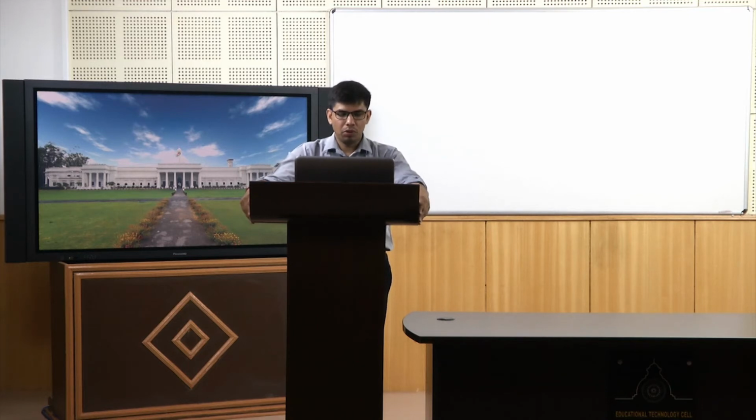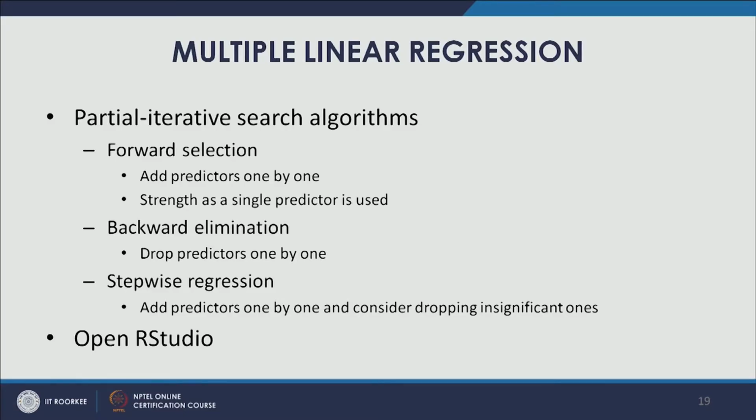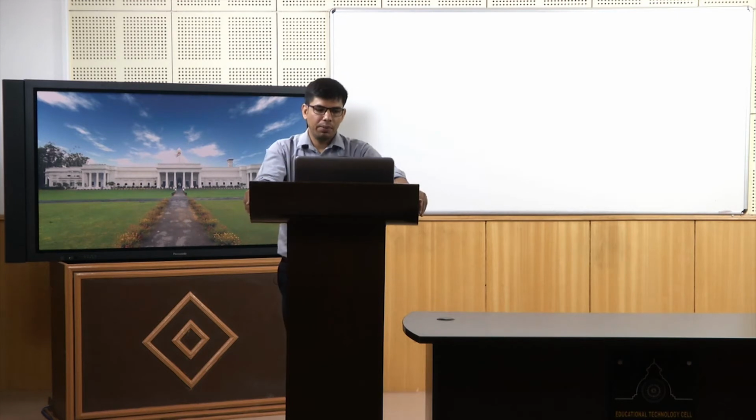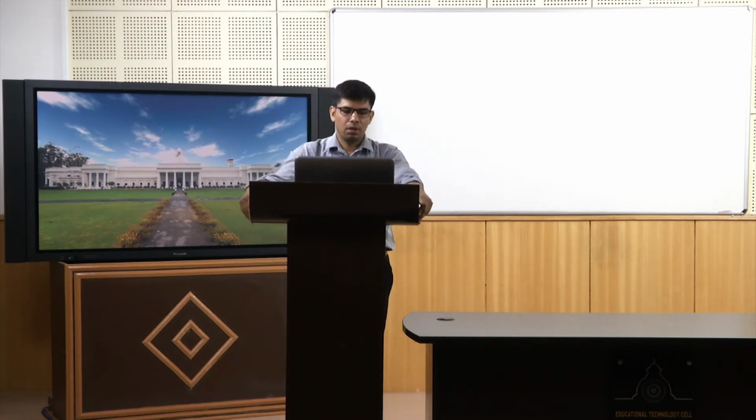The second approach is backward elimination. Here we start with all the variables and drop them one by one. The most insignificant variables are dropped first, and in that order we keep building the models and dropping until we reach saturation, where all the predictors present are significant.